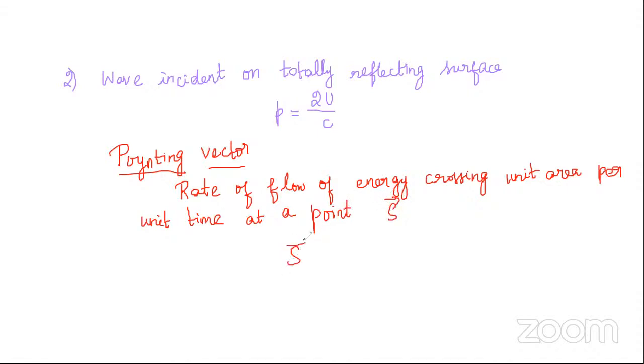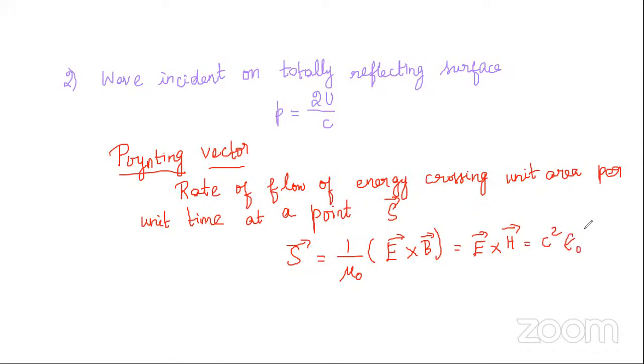So vector S is equal to 1 by mu naught, within the bracket, vector E cross vector B. So that will be vector E cross vector H. So that will be equal to c square epsilon naught into vector E cross vector B, where c is the velocity of light.